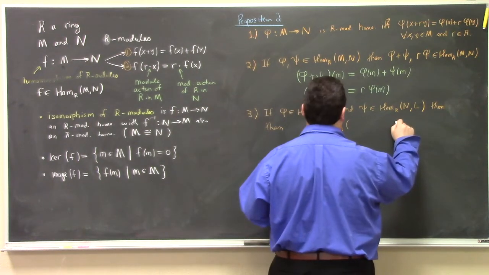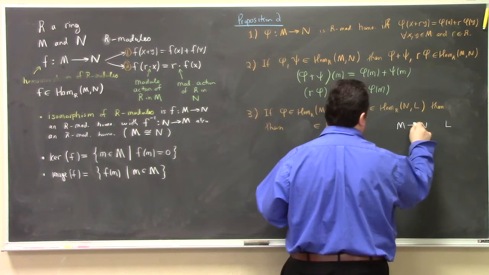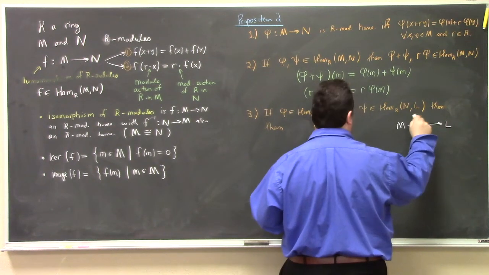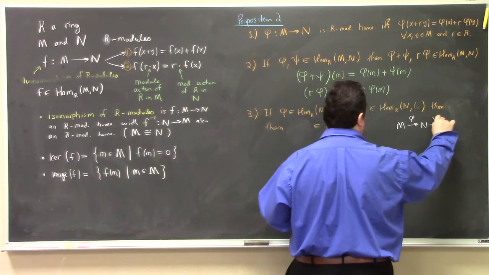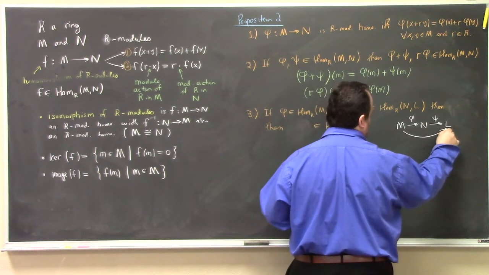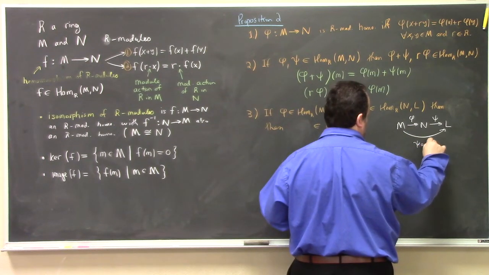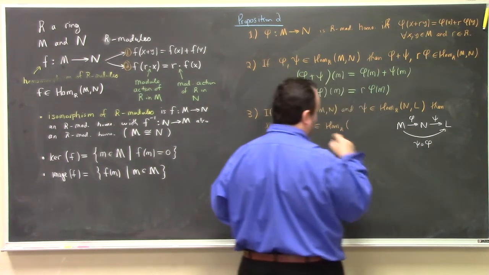Yeah. Let's see here. So we've got M, we've got N, we've got L. So we've got phi going from M to N, and psi going from N to L. So we can look at the composite, psi composed with phi.